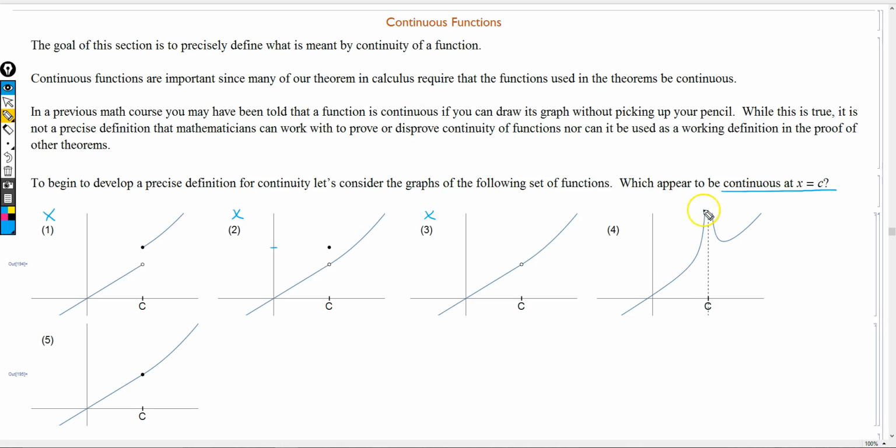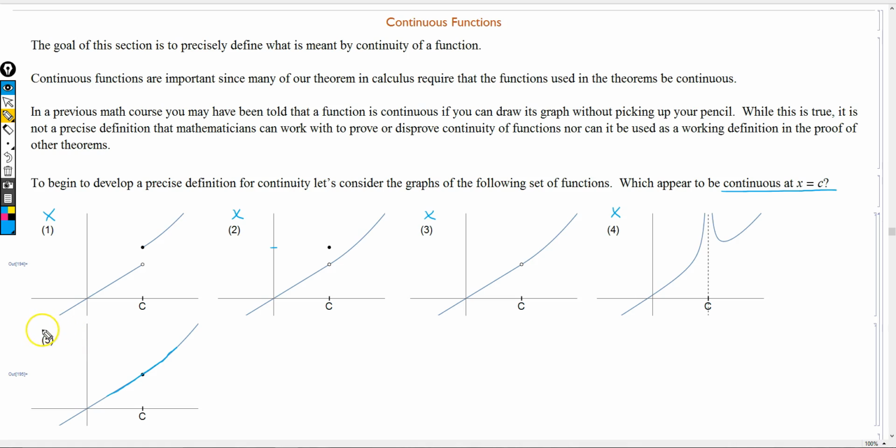This graph actually goes all the way up to positive infinity, then you have to sort of hop over and continue on the other side with your pencil, come all the way down like this, so no, that one shouldn't be continuous either. And then number 5 here, well, that one, actually, if we draw the graph here, I can continue right through that point right there, c, f of c, and then I just continue, and I did not have to pick up my pencil.